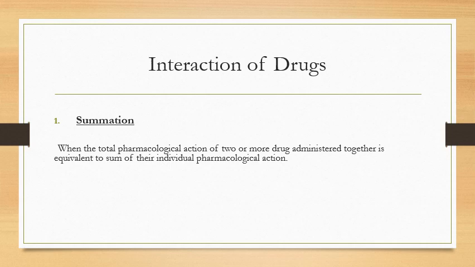When the total pharmacological action of two or more drugs administered together is equivalent to the sum of their individual pharmacological actions. So it is actually the final effect, that is the sum of all the drugs given, right? An example is aspirin and codeine, where codeine is an opioid agonist, and they cause the analgesic effect.